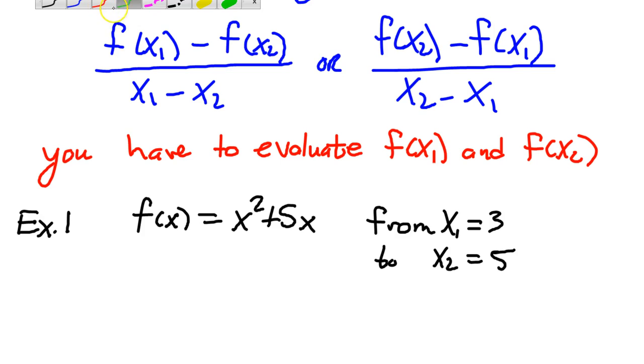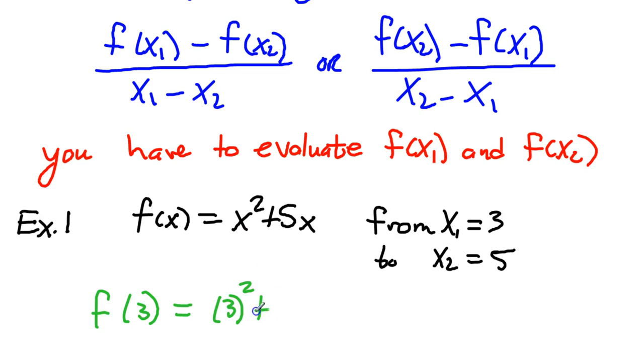So first thing you're going to do is go back in and figure out what f of x1 is, which in this case is f of 3. So that would be 3 squared plus 5 times 3. 9 plus 15, so that'd be 24.